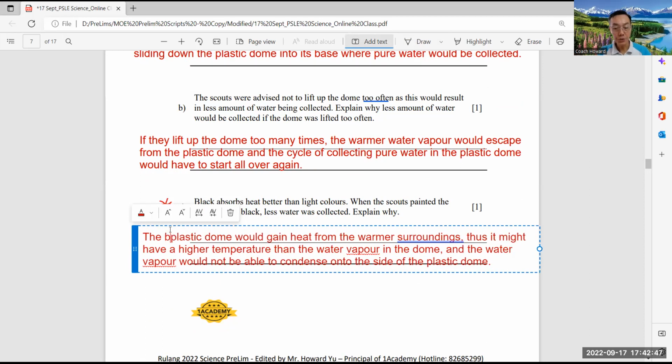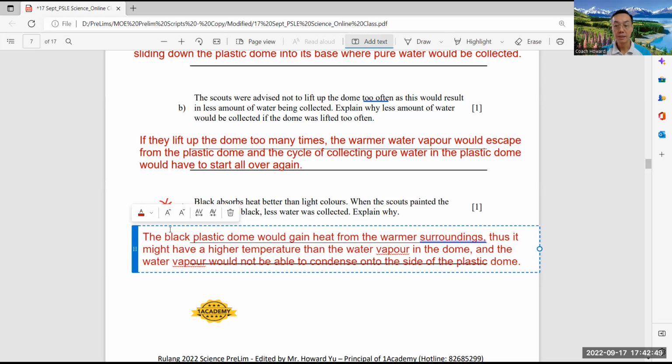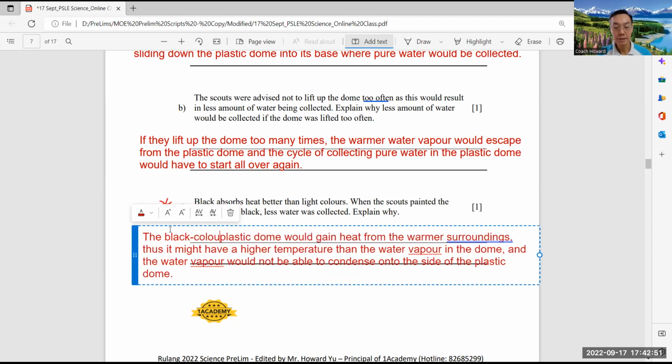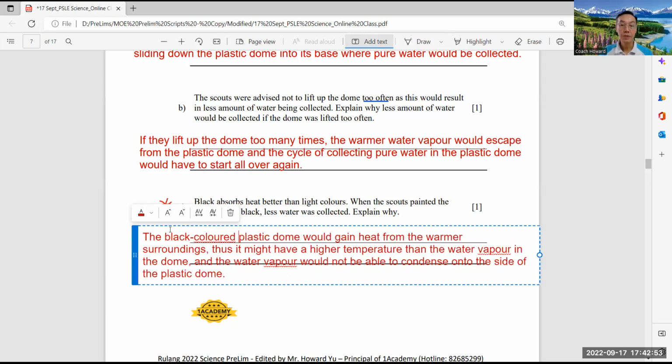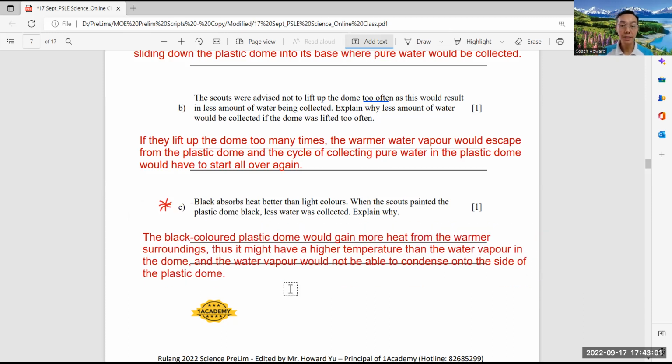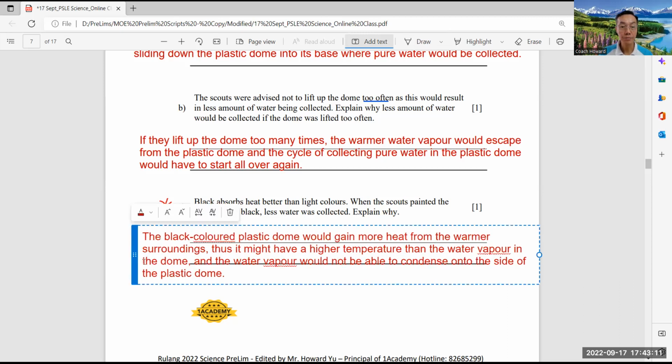The black colored plastic dome would gain more heat from the warmer surrounding. Thus, it might have a higher temperature than the water vapor in the dome. And the water vapor would not be able to condense on the side of the dome.